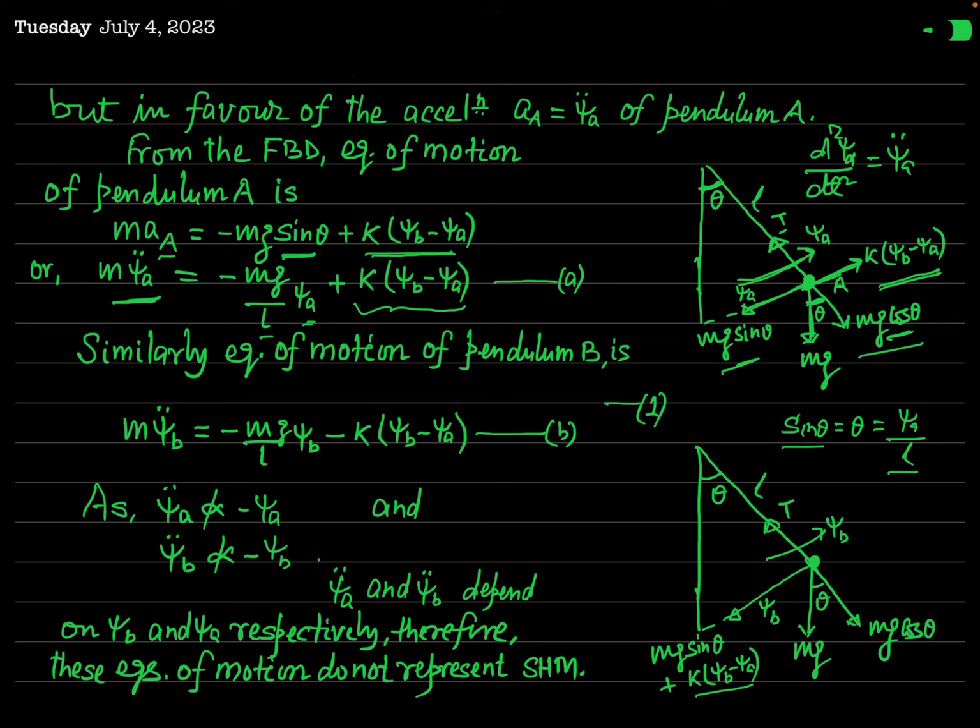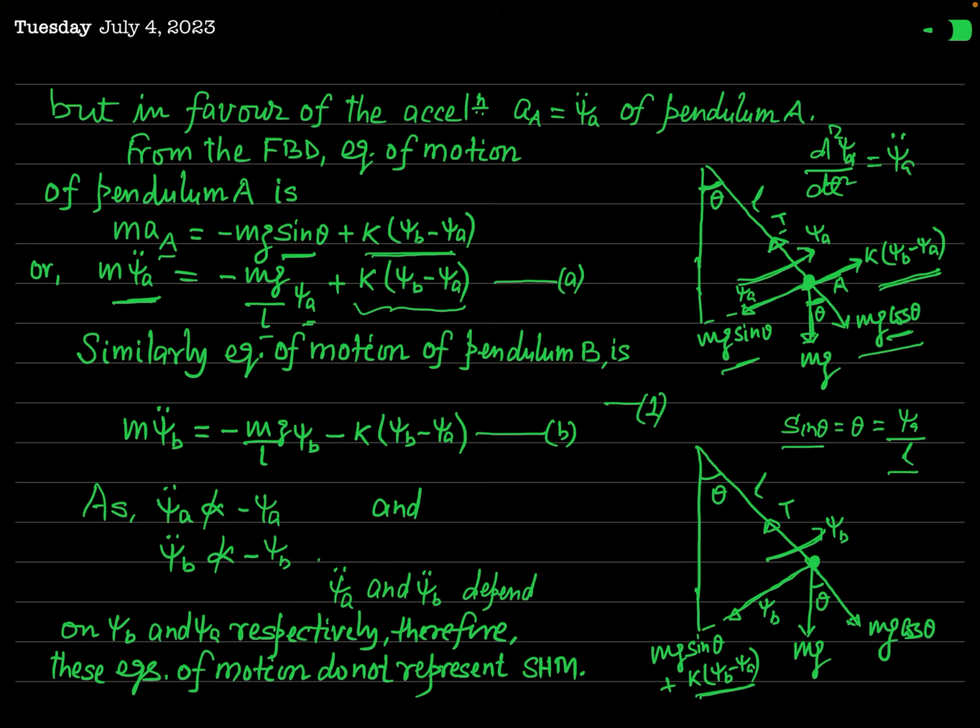As the displacement is from left to right, this spring force acts from right to left, that is, in the direction of minus, in the direction of mg sine theta. So both mg sine theta plus k times (psi b minus psi a) oppose the acceleration.